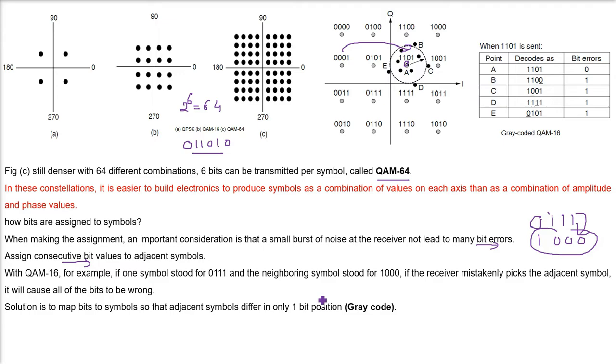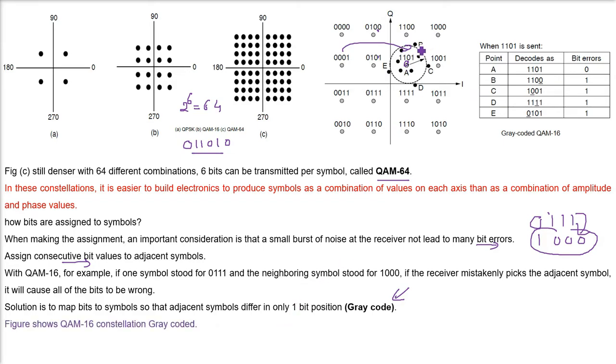So the solution is, we assign the adjacent symbols so that they only differ by 1 bit. That is the gray code. Gray code is when two combinations only differ by 1 bit position.